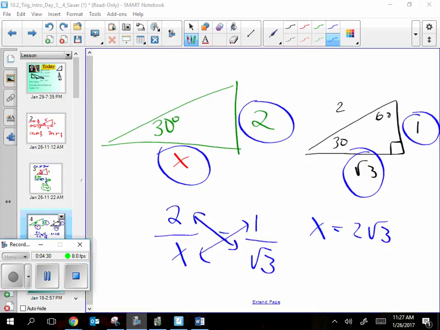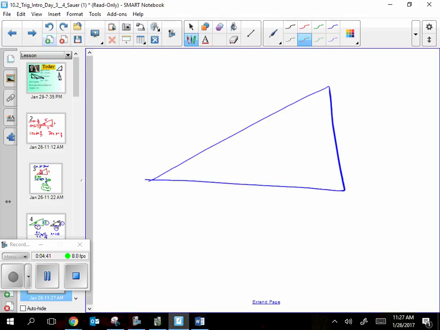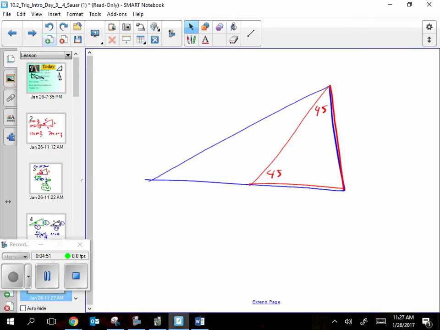Okay. So, last but not least, you did some really heavy-duty problems where you had nested triangles, one inside the other. I'm going to make these two different colors. This one's going to be significantly easier because I don't want it to take forever. I'm going to make this a 45, 45, 90 triangle on the red one. And this one's still your classic 30, 60, 90 triangle, the blue one. Let's all agree to call this x and this y.